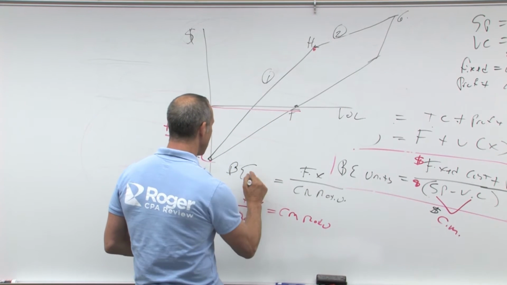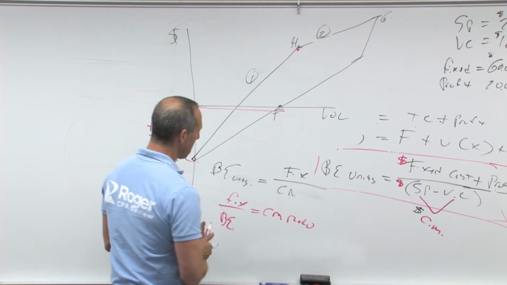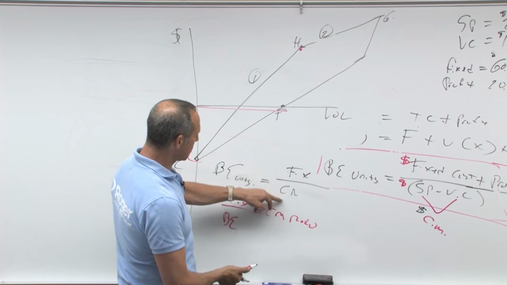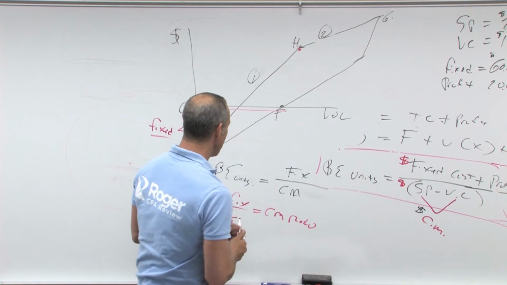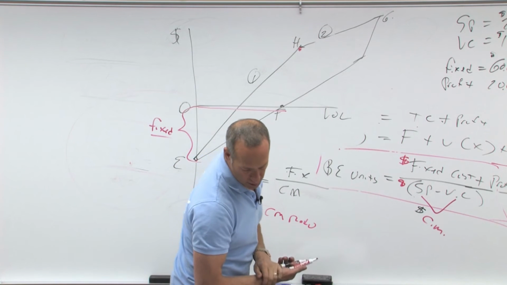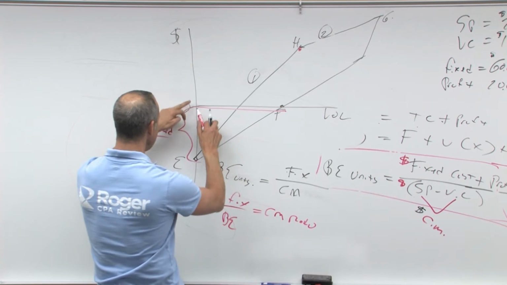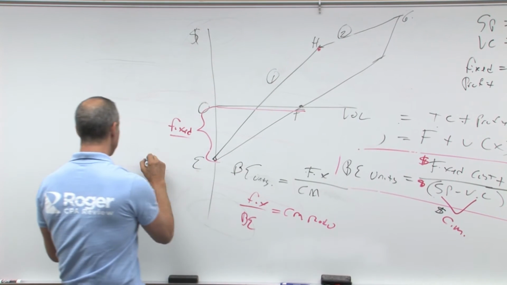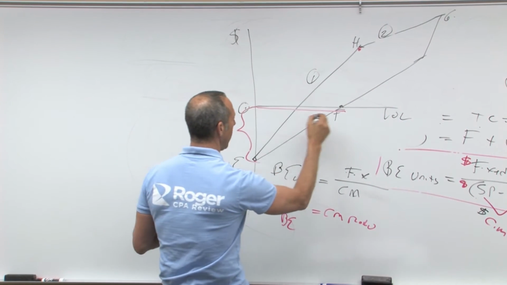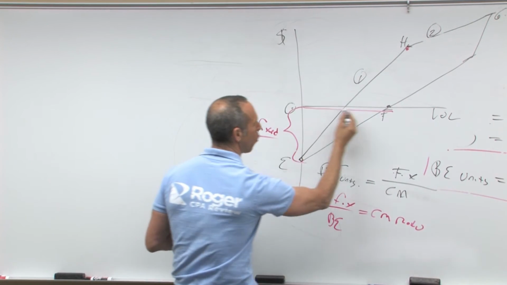So break even in units is fixed over CM. They're asking, what is OE divided by OF? OE is fixed. OF is break even units, because that's quantity volume.